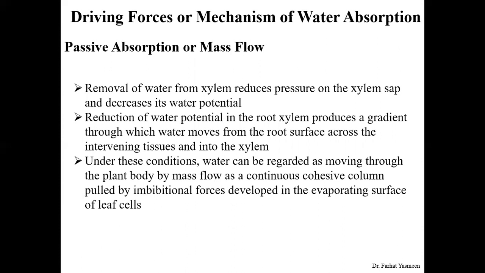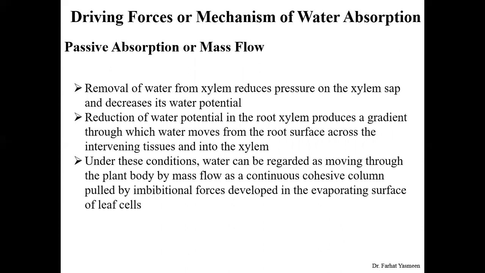Under these conditions, water can be regarded as moving through the plant body by mass flow, as a continuous cohesive column is responsible for pulling the water through the imbibitional force which is developed on the evaporating surface of the leaf or the shoot.